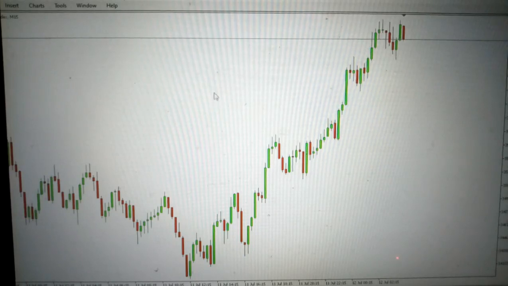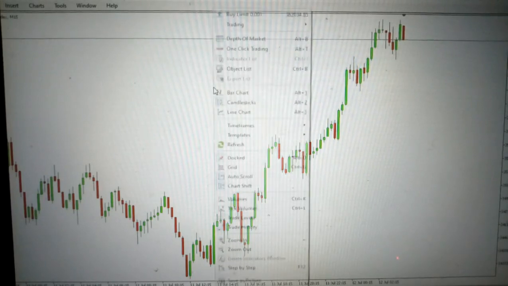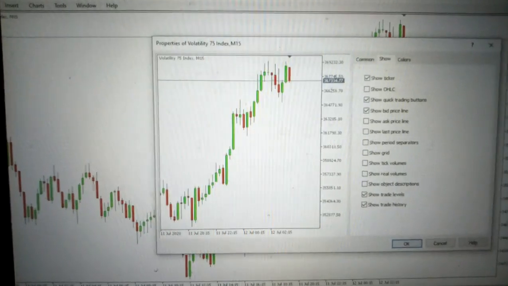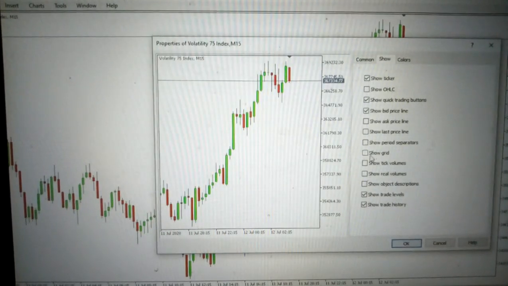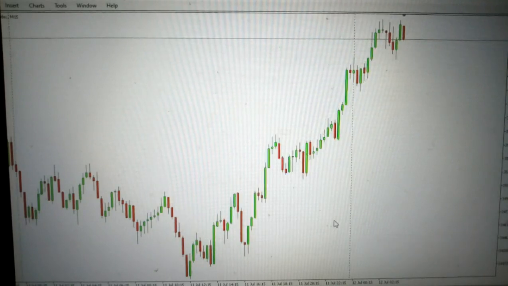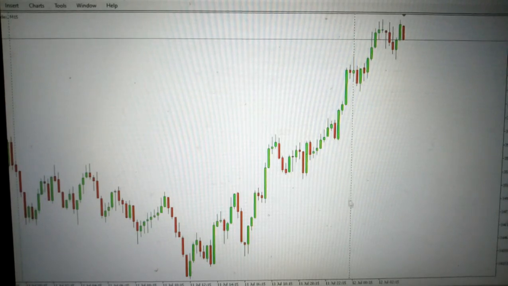And how do I achieve this? I'll right click on the chart, then I'll go to properties. On properties, I'll click on show period separator so that period separator will map out the day period. Okay, now this is period separator.